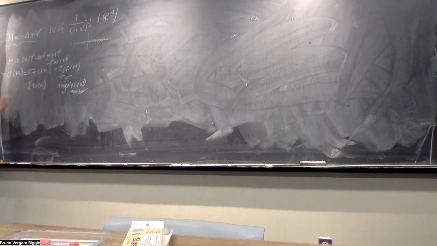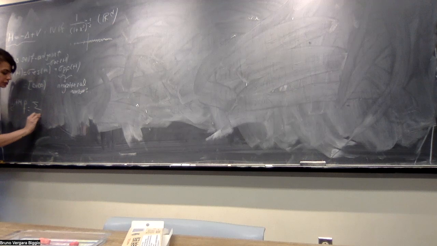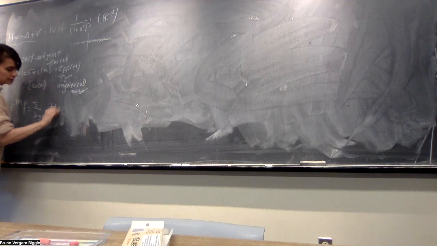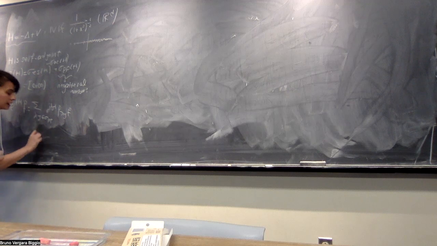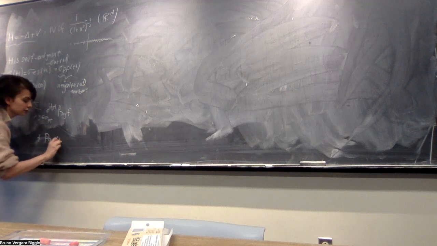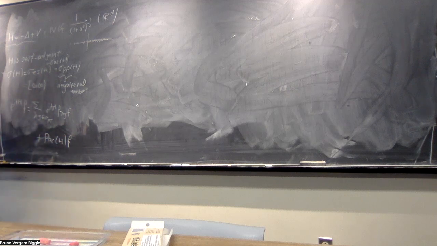So if I look at the unitary operator e^{itH}f, this is gonna look like the sum over lambda_j in the pure point spectrum, e^{i lambda_j t} E_{lambda_j} f, plus I will have P_ac(H) f, and I'm gonna focus on this part.